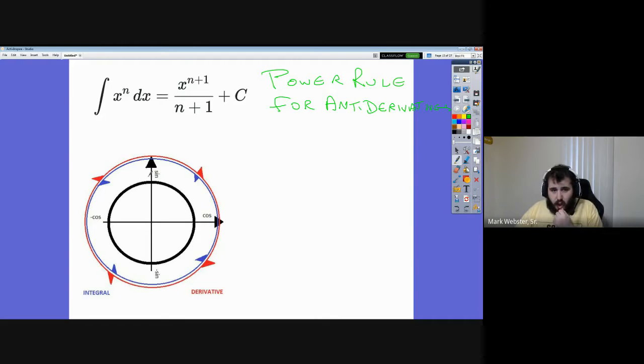So this just helps you visualize it so you can cycle forwards and backwards. The blue direction, where everything's pointing, that's integrating, taking the antiderivative. The red direction, following those arrows, that's taking the derivative. All right?